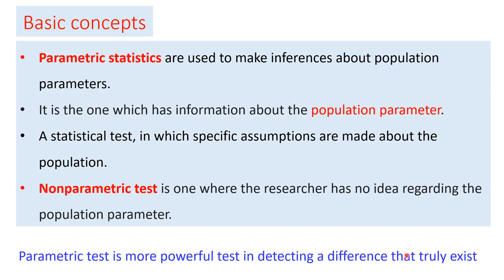If the assumptions cannot be fulfilled or if the assumptions fail, we go for the non-parametric tests. So first we have to check the parametric test. If the assumptions fail, we go for the non-parametric tests because the parametric test is more powerful than the non-parametric tests.